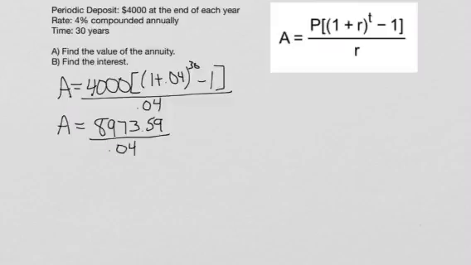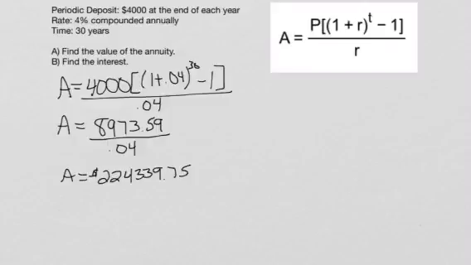And then when I make that division of those two numbers, I get a value of $224,339.75. And so at the end of the 30 years, by me putting in 4,000, I will have a total of $224,339.75. So that's the value of the annuity at the end of 30 years.